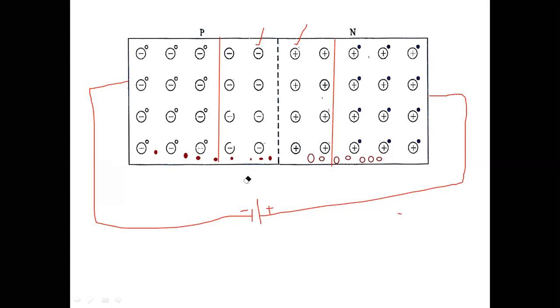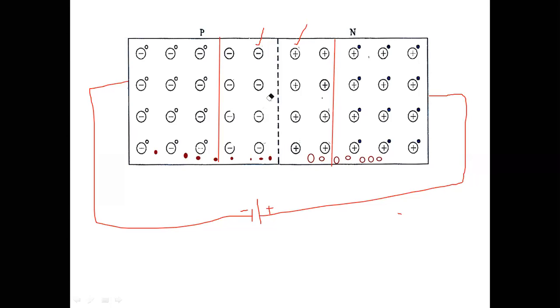Under reverse bias conditions, the holes, which are majority charge carriers from the P side, will be attracted towards the negative terminal of the battery, and the electrons, which are majority charge carriers in the N side, will move to the positive terminal of the battery, such that the depletion region width increases and capacitance forms here in reverse bias condition. This capacitance is called transition capacitance, or depletion capacitance, or space charge capacitance.